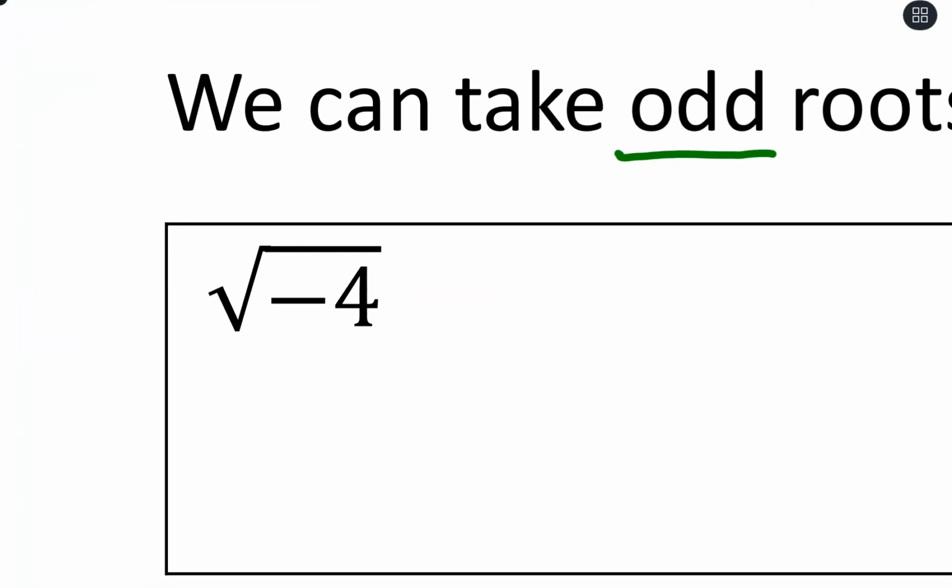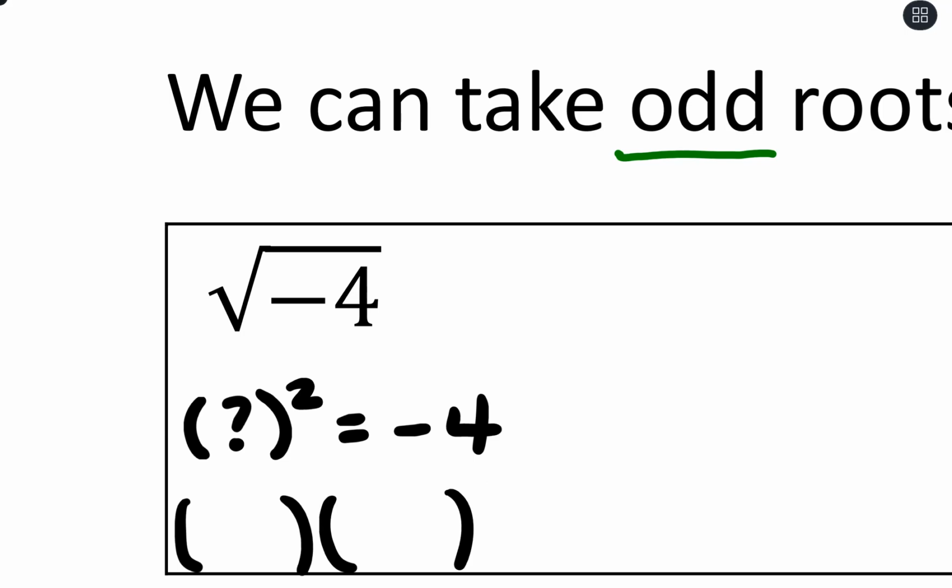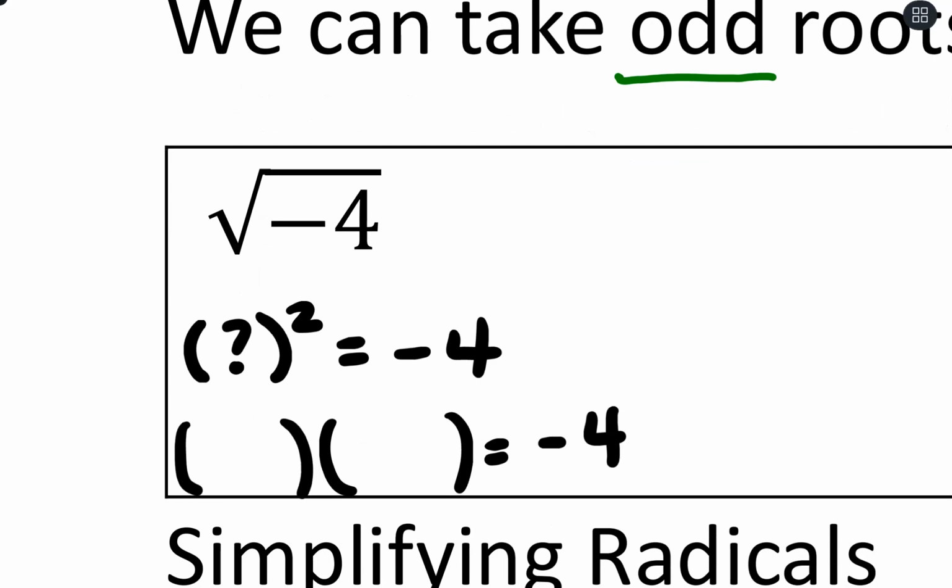So the square root of -4, again, what I'm kind of thinking to myself is, what squared would give me a result of -4? Or I could think of what times what would give me a -4. Well, I know numerically I would need 2's multiplying, but they either have to be both positive or both negative, and both of those cases is going to result in a +4.